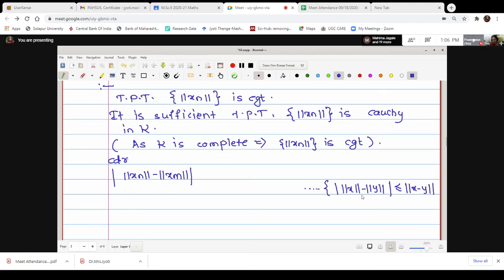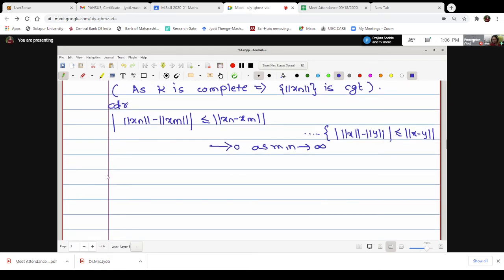Now let me use this to write: this is less than or equal to norm of xn minus xm. But xn is given to be Cauchy. Therefore, this tends to 0 as m, n tend to infinity.